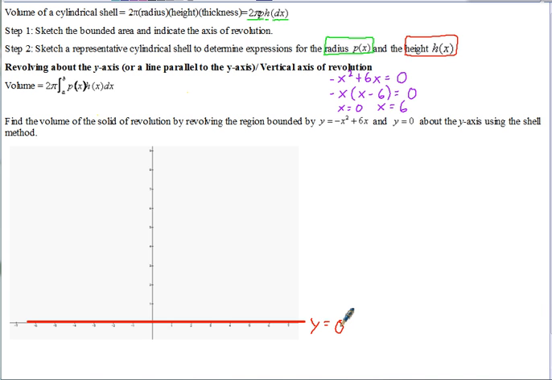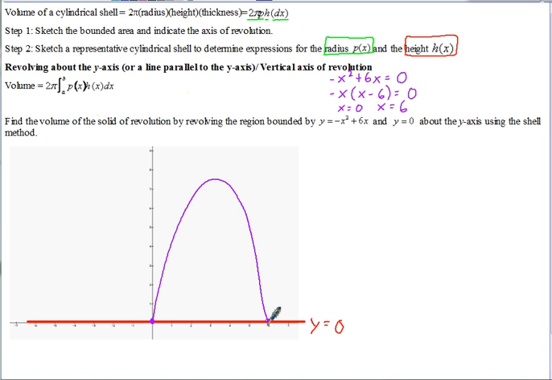And we know they intersect at 0 and at 6. If you take a look at the equation here, this is going to be an upside down parabola. So we really don't need a perfect graph of this. We know it goes through those 2 points, so we can just do a rough sketch of it like that. That's enough to see the region enclosed.